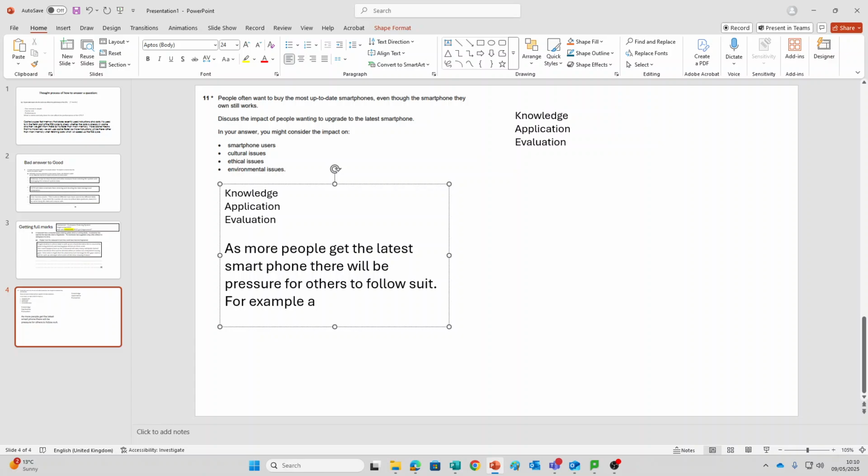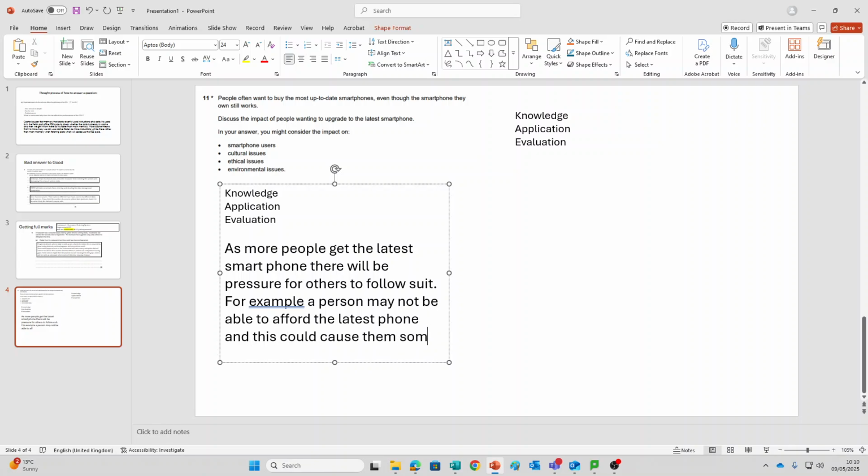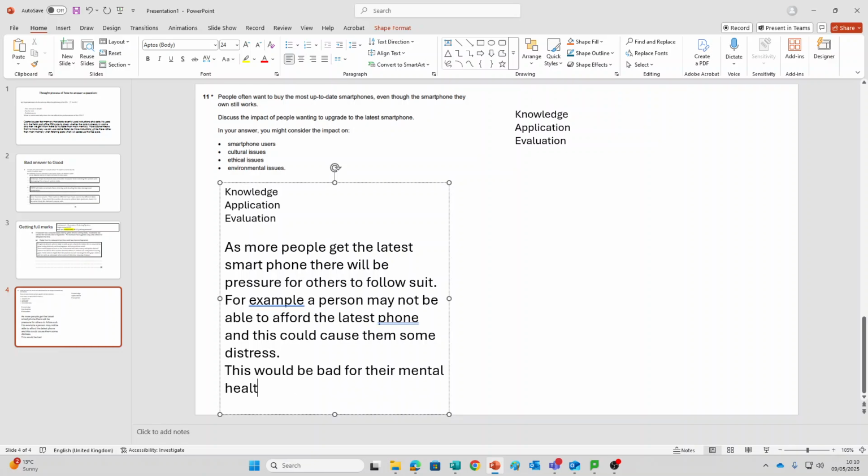For example, a person may not be able to afford the latest phone, and this could cause them some psychological distress. Okay, so now I've done application. Evaluation: this would be bad for their mental health and does not promote a good, healthy lifestyle, or something like that.